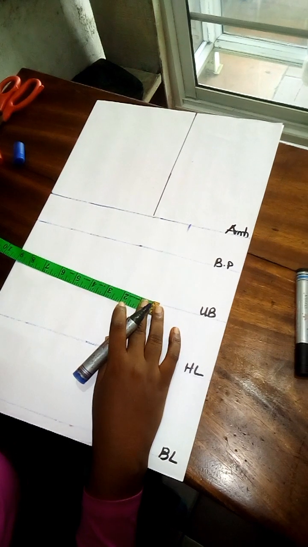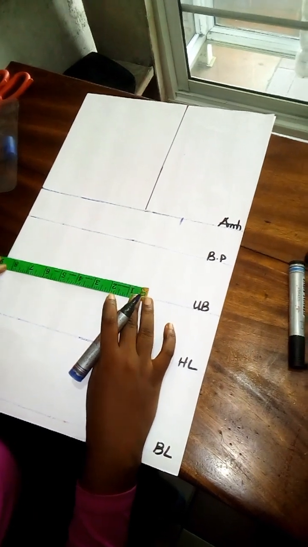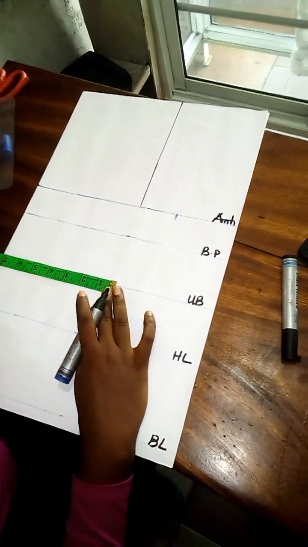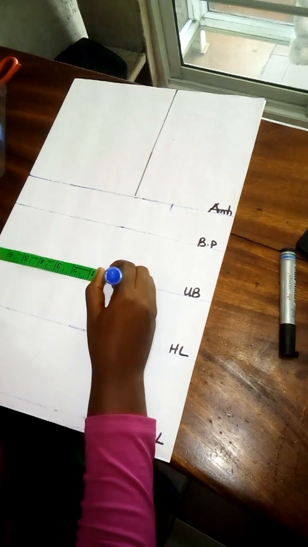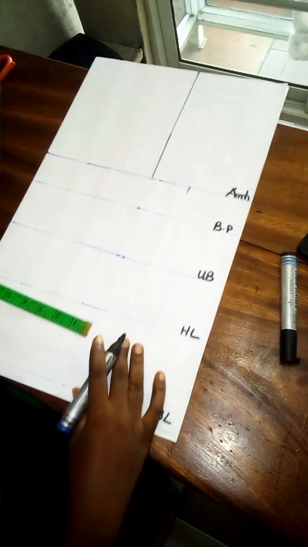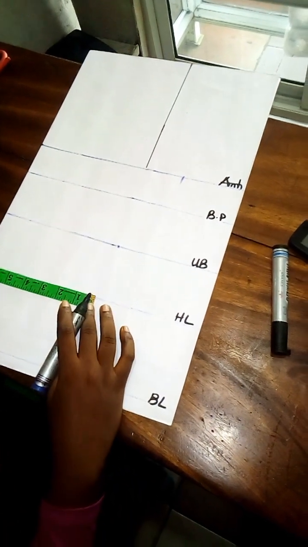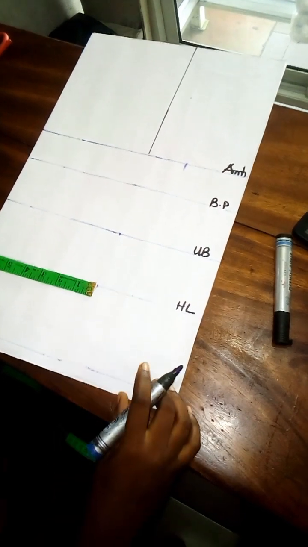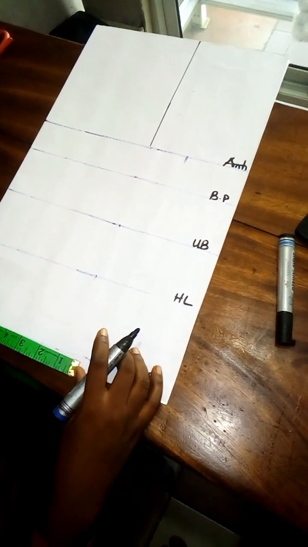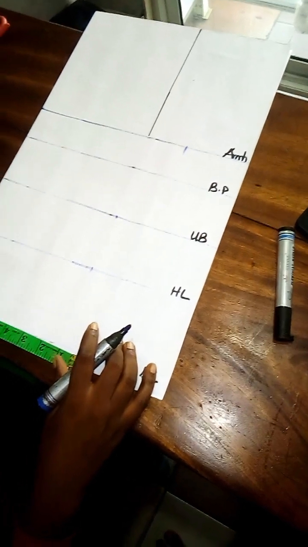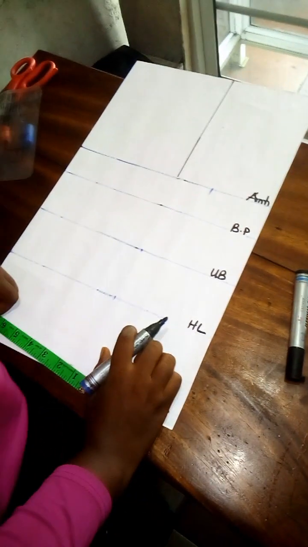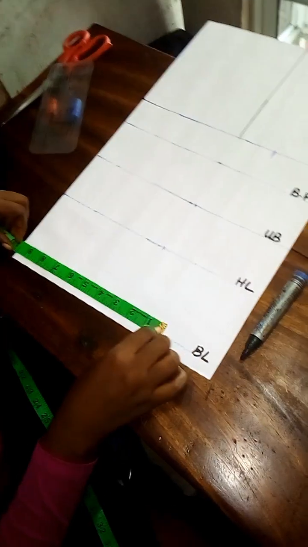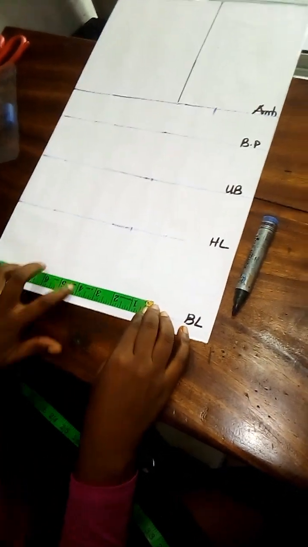Taking my bust measurement divided by 4, that's your bust divided by 4. My under bust measurement, immediately under your bust. I'm taking my half length, that's around my waistline circumference, and then the upper hip measurement.